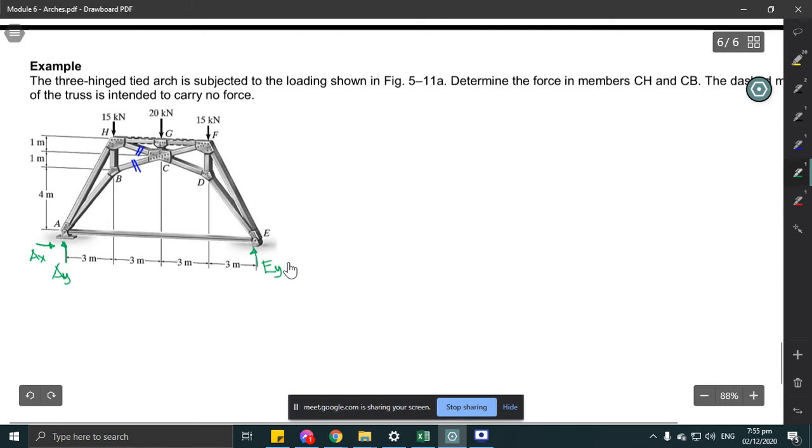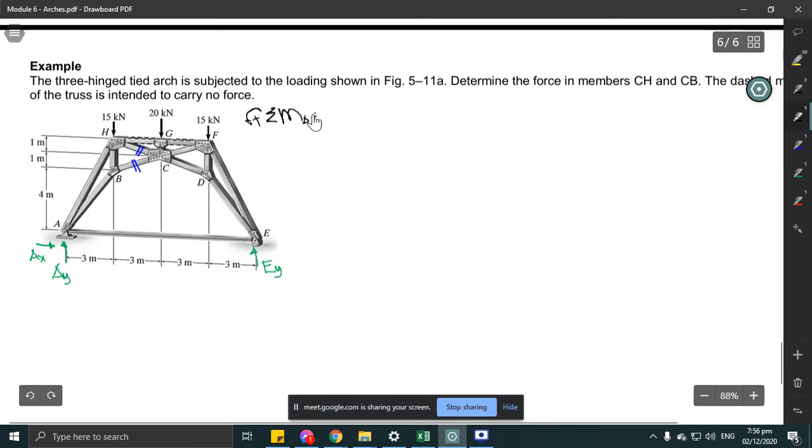Okay, so, to solve for the reaction, it's either mag-take ka ng moment dito kay A or take ka ng moment dito kay point E. So, ang gawin na lang natin, just take summation ng moment at point A. So, to solve for your EY.